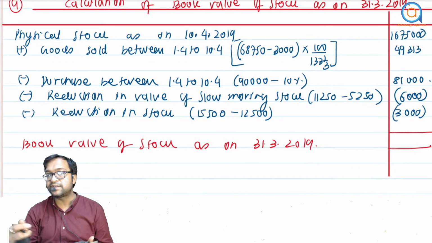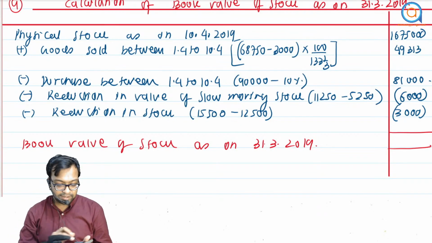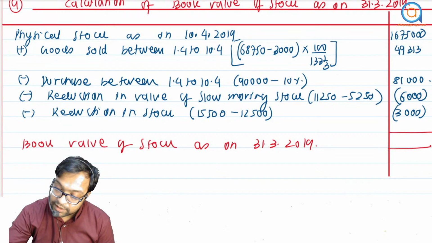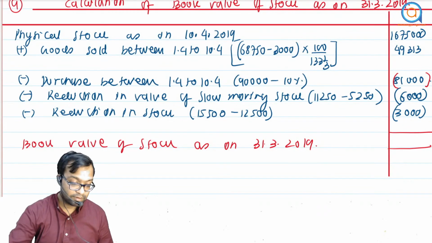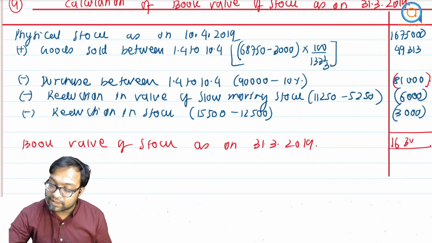How much is it, sir? Can anyone tell me the answer in chat box? I'm getting some weird answer. That's why I'm asking. This is also minus, minus 81,000. Is it 16,34,313?